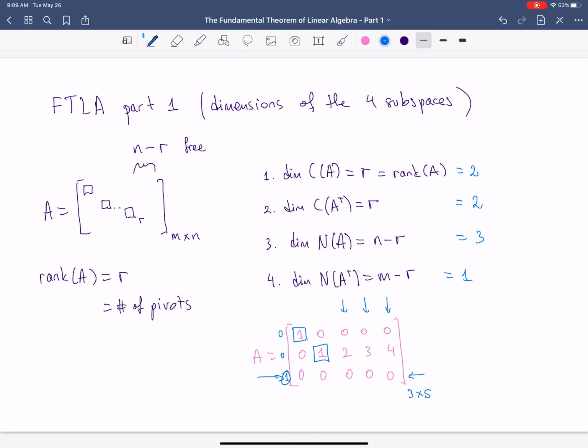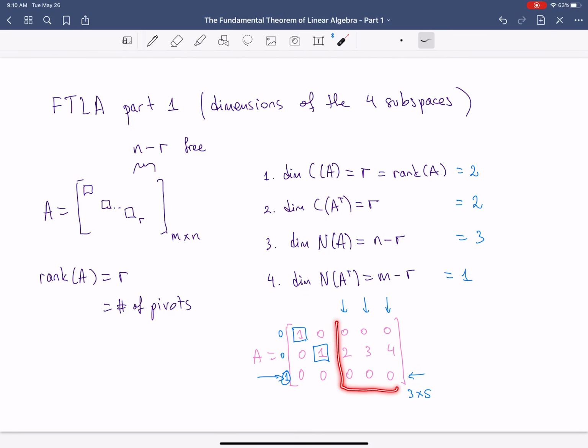If you remember that the column space and row space are defined, or the basis for them is defined, by the pivot columns and the pivot rows, then all the other columns, you see, these 3 columns, all this says is that they depend on the pivot columns. And with that, I know that the null space of A will have a dimension 3.